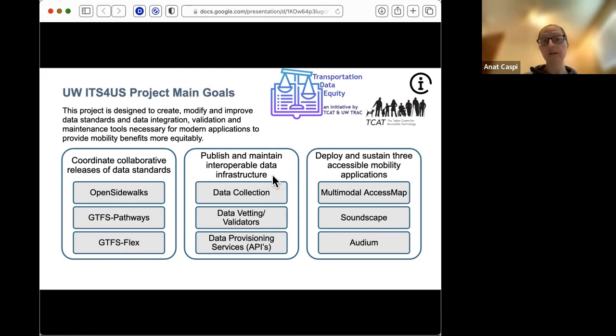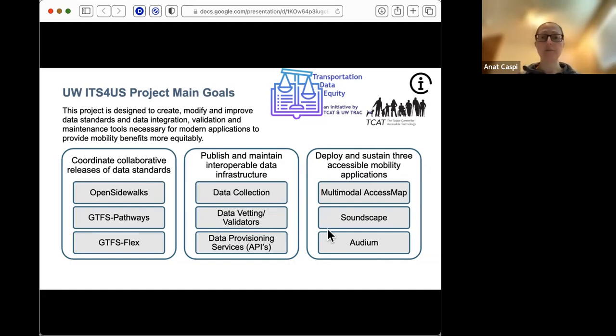Then we want to publish and maintain the interoperable data infrastructure. So here I'm just mentioning some of the tooling that we're providing through the system: the data collection, the data vetting and validation, as well as the dissemination, like APIs. But of course, embedded in this is storage and maintenance and editing and all of that stuff.